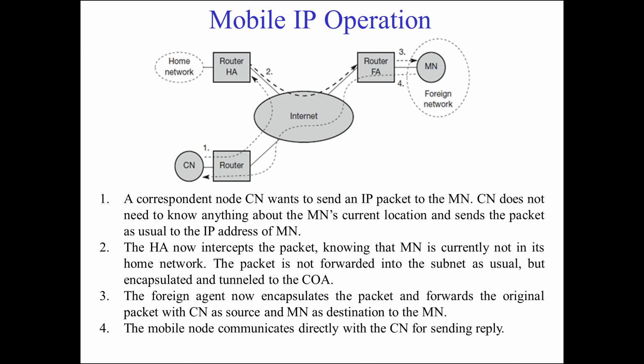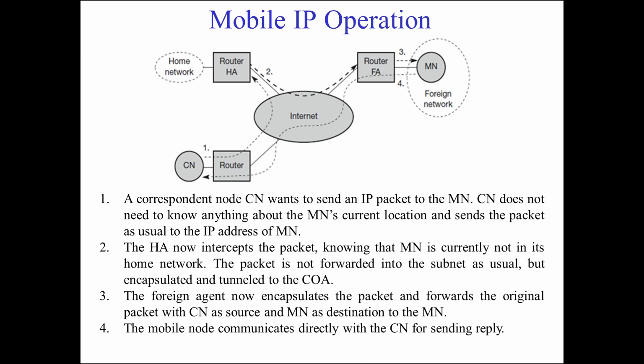It has moved away to the foreign network, right? Now the first step is that the correspondent node wants to send some data packets to the mobile node. It will simply insert the destination address as this mobile node's address and transmit the packets.